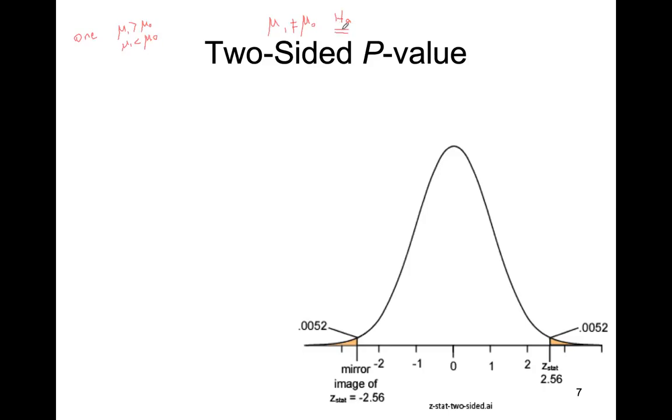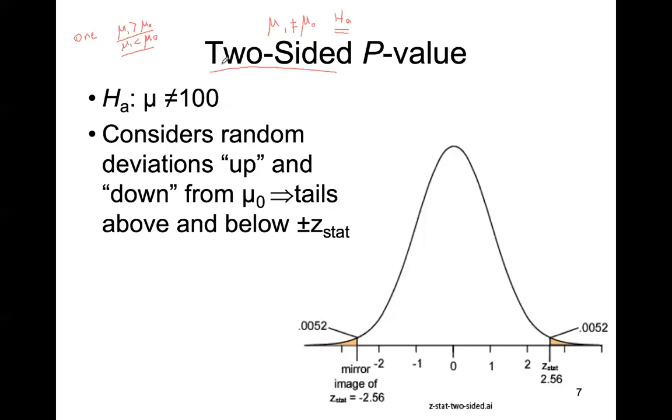If my alternative hypothesis is a not-equal situation like this, then I use a two-sided p-value. If I say this is greater than or this is less than something, then I use a one-sided p-value. I guess you understand this situation.